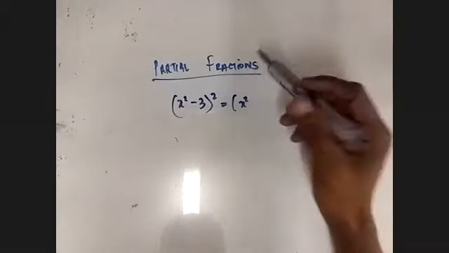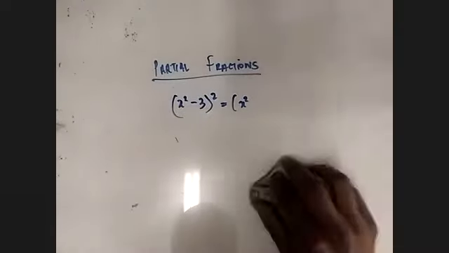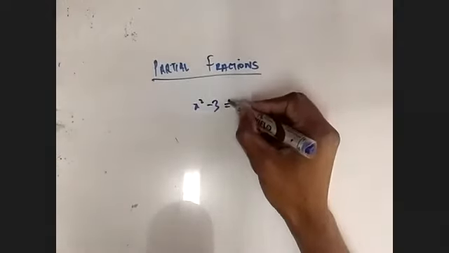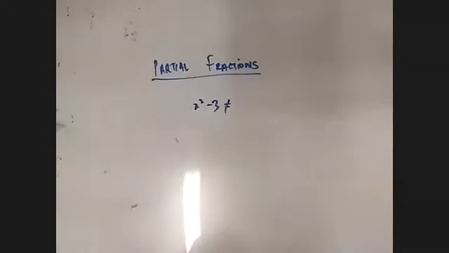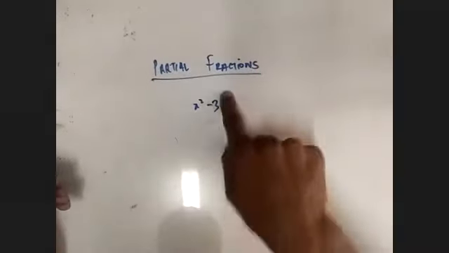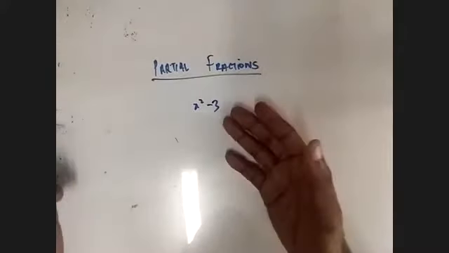But the only idea that I'm trying to give you here is that if I've got x squared minus 3, this cannot be simplified any further. If we say something is irreducible, it means we cannot reduce it anymore, we cannot find its simplest form. x squared minus 3 is its simplest form. There is nothing else we can do from there, okay?